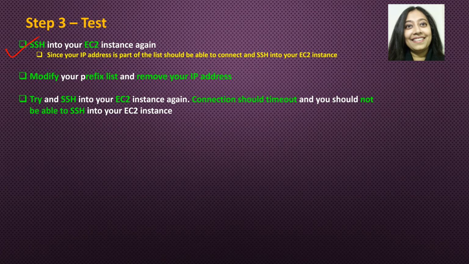The next thing now you need to do is you need to modify your prefix list and remove your IP address. And then try and SSH to your EC2 instance again. And this time, either it should tell you access is denied or the connection should time out. But in short, you should not be able to SSH into your EC2 instance.